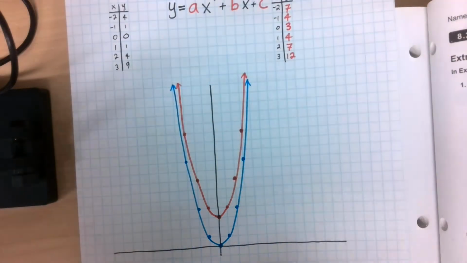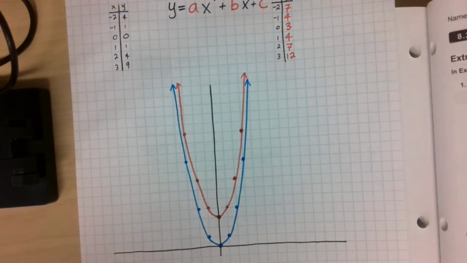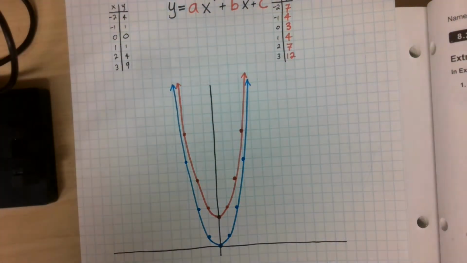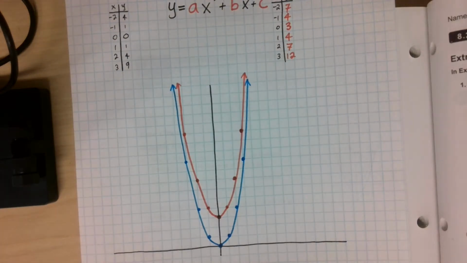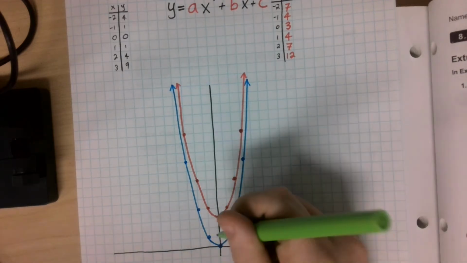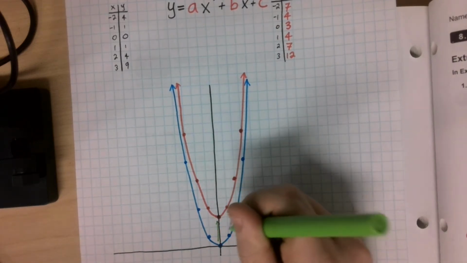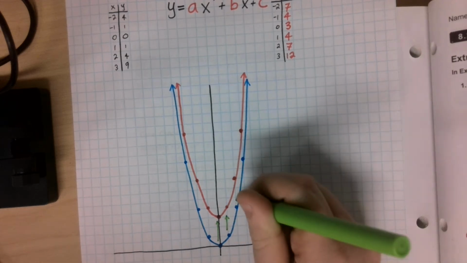So what happened here? Did it get thinner? No, it may look like it, but it really didn't. It's going out about the same amount as our original did. Is it getting wider? No, because otherwise it would cross over these blue lines. No, all we did is we moved every point up 3.